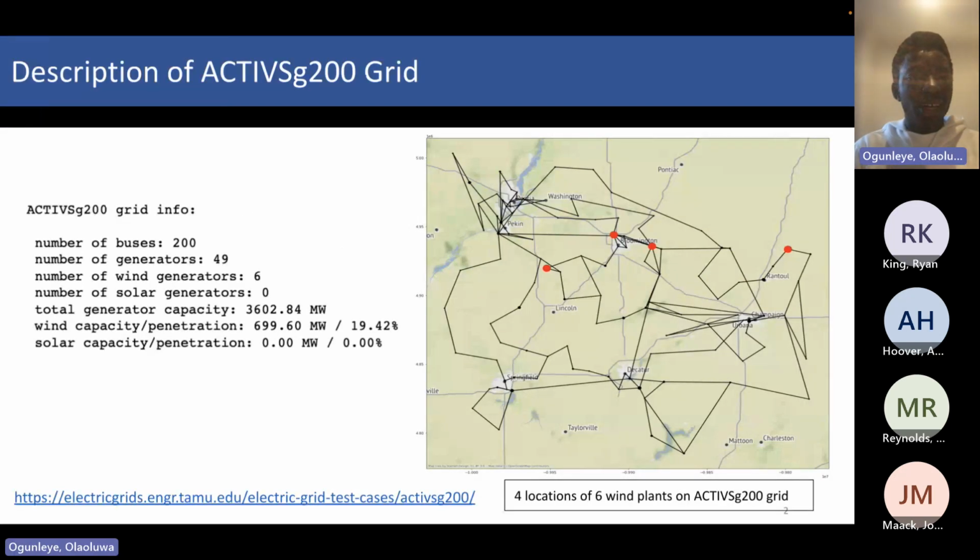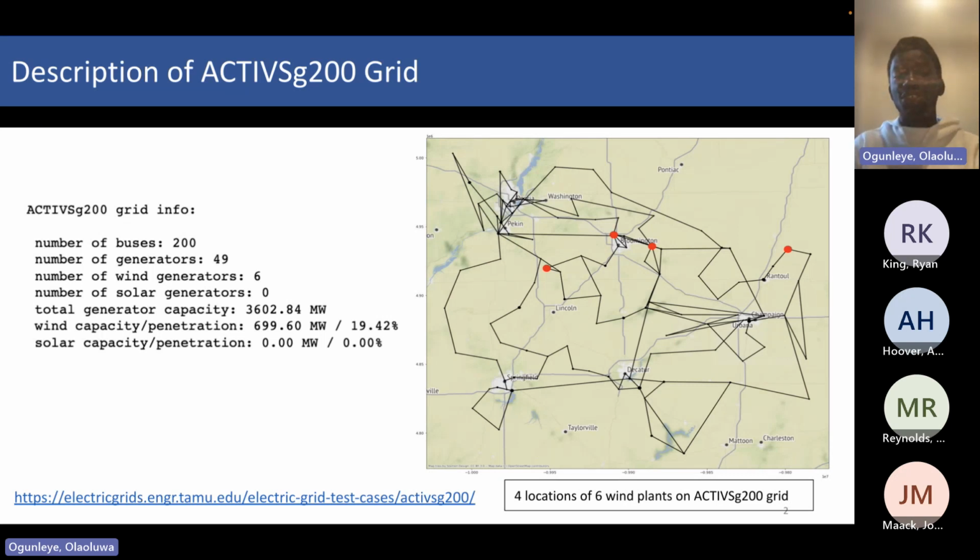So a brief description of the grid we used. It's the ACTIVSg200 grid, and it contains 200 buses with 49 total generators. In particular, we have 6 wind generators.